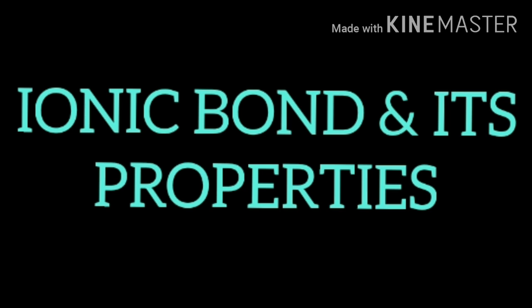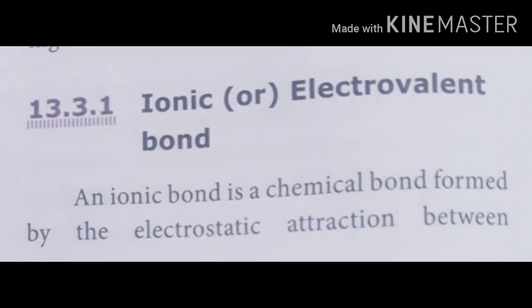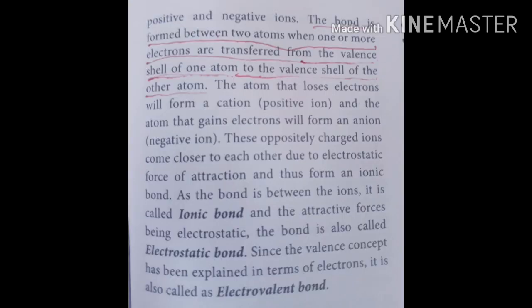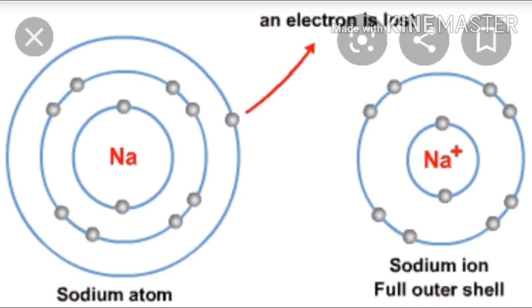What is an ionic bond? An ionic bond is a chemical bond formed by the electrostatic attraction between positive and negative ions. How does an element become a positive or negative ion? Listen, a sodium atom has electrons in the configuration of 2, 8, 1.